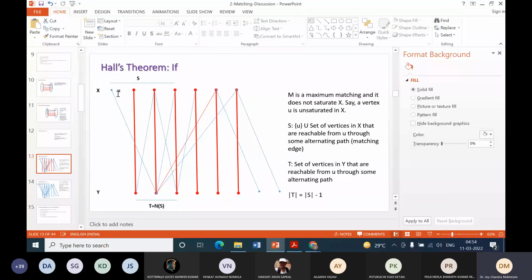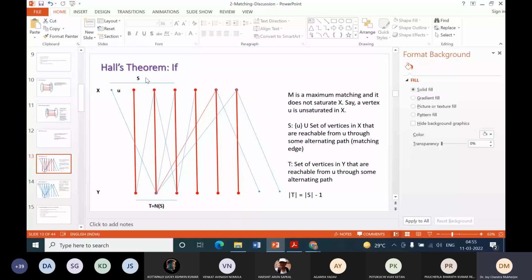Now I create S in such a way that S contains U. Along with that, it has the set of vertices in X which are reachable from U through some alternating path. What does this mean? This is my U, my unsaturated vertex.